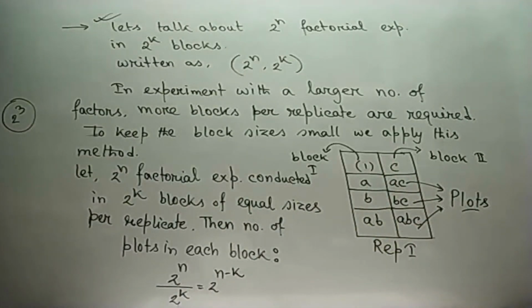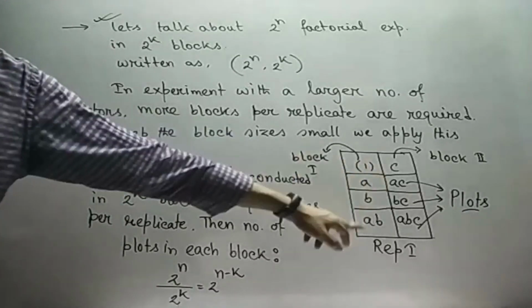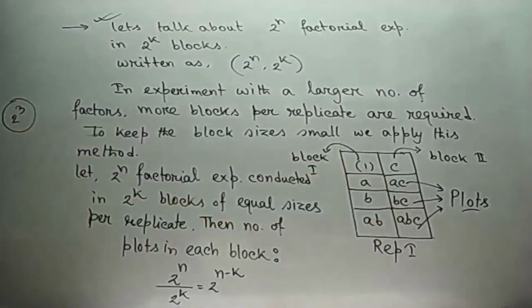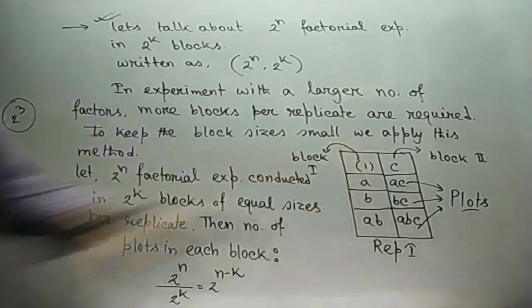Obviously we know that if we have a 2 to the power 3 factorial experiment, then all possible treatment combinations are 8. These are all the possible treatment combinations.